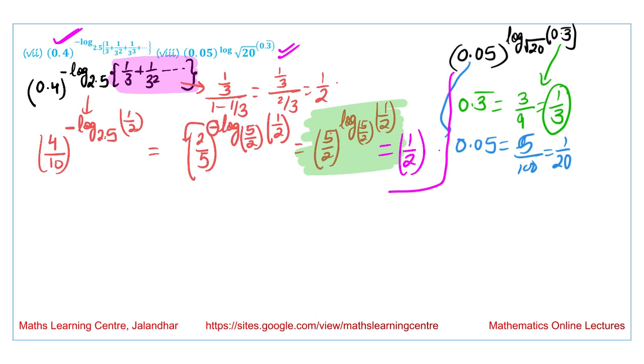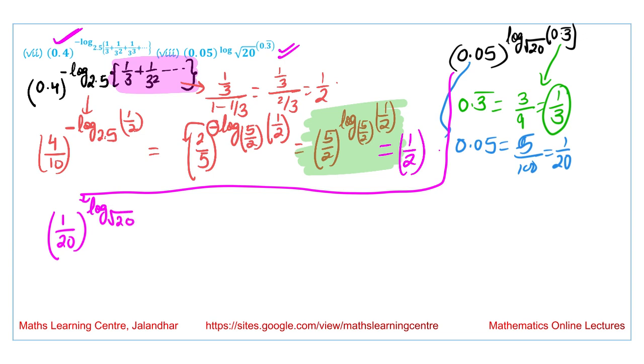So this complete problem we can write in the form 1 by 20 raised to the power log, base square root of 20, of the number 1 by 3. This is equal to 1 by 20 raised to the power log of 20 raised to the power 1 by 2, of 3 raised to the power minus 1.